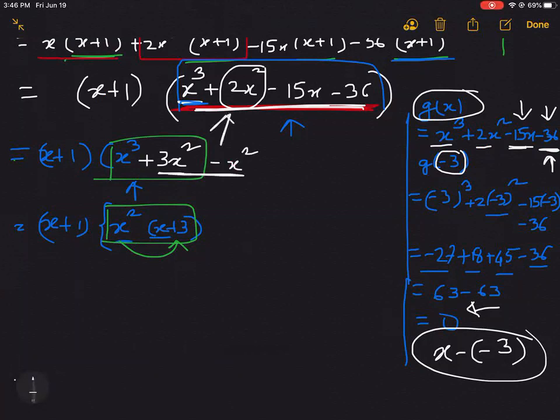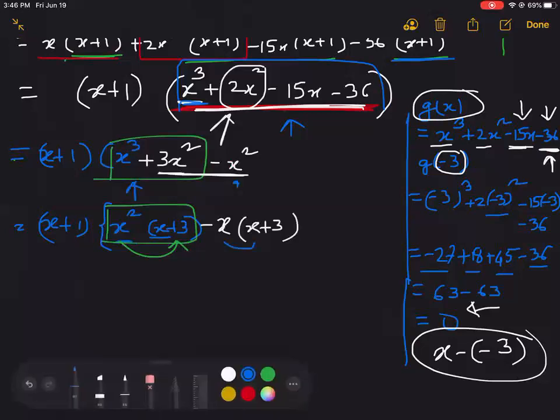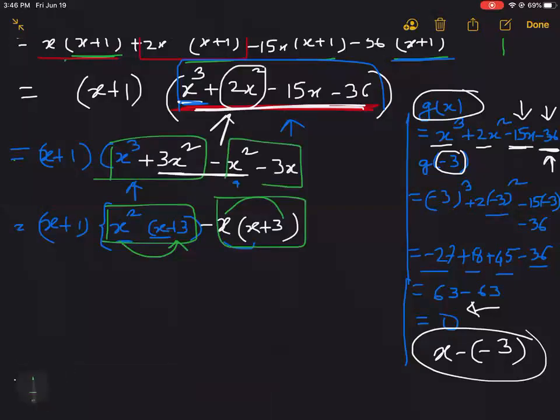Can you see that? Now again, I'll try to factor out x from this. So I'll have x here, because this x and x will give me x squared, which I was looking for. And this x and 3 will give me a -3x. But originally, this is the pair for this, by the way, I had a -15x. Instead, I have a -3x.